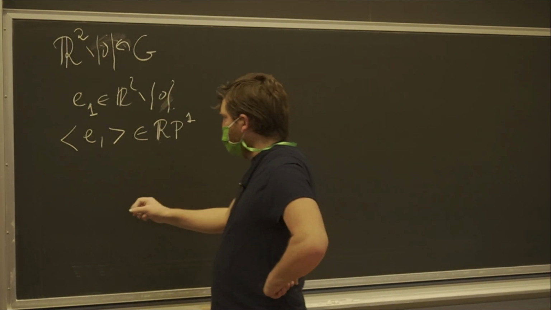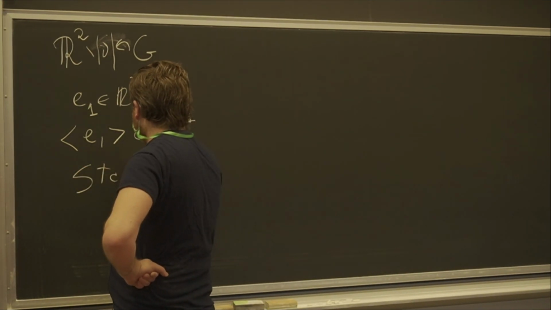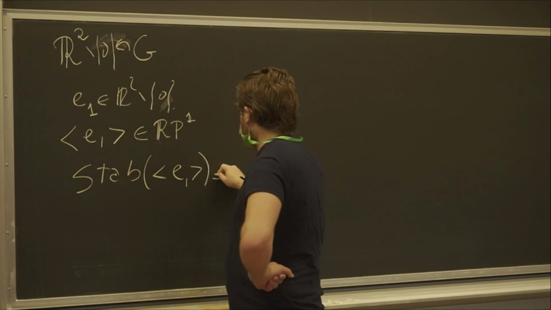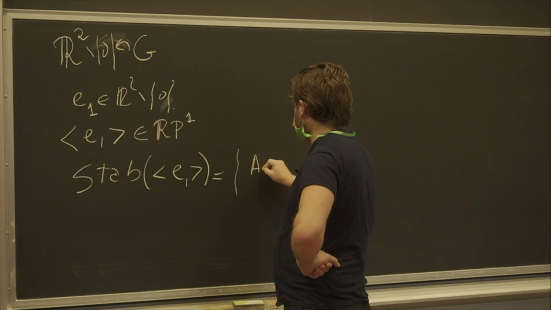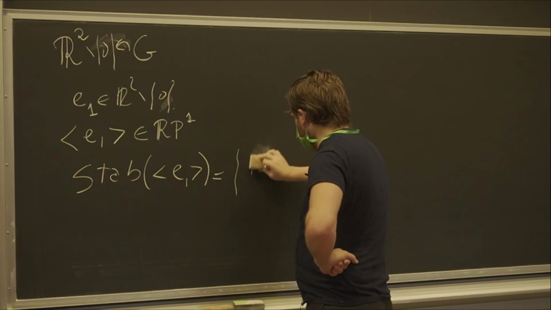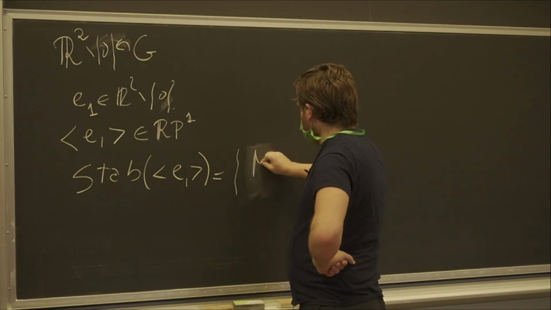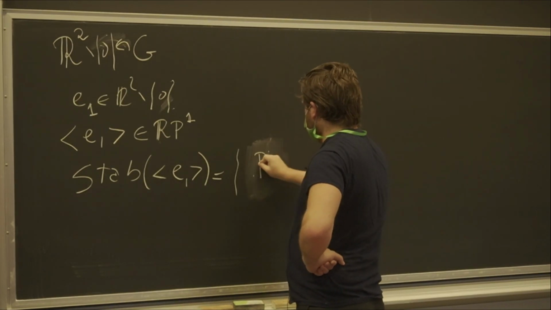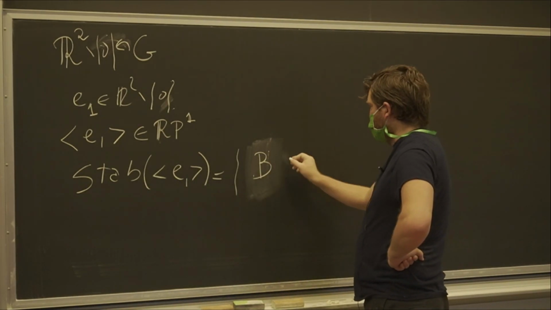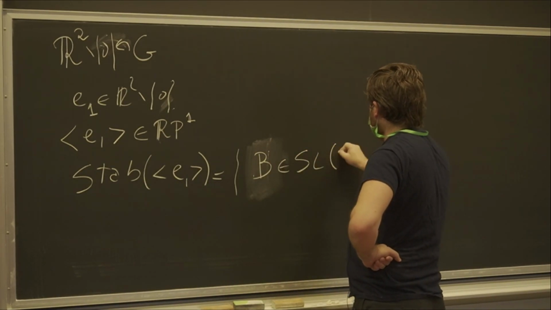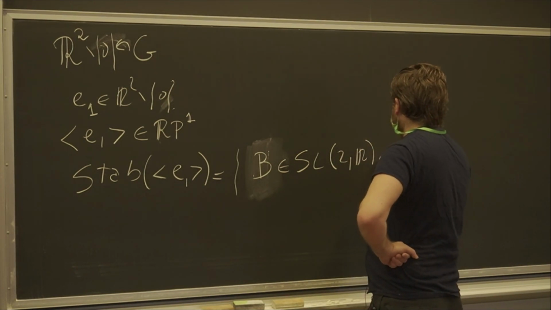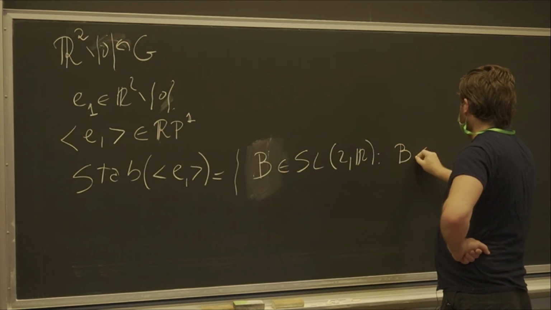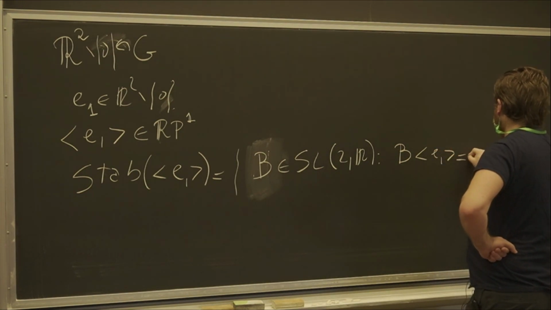And you have the stabilizer of this line, which is all the matrices B in SL2R such that B of this line is this line.